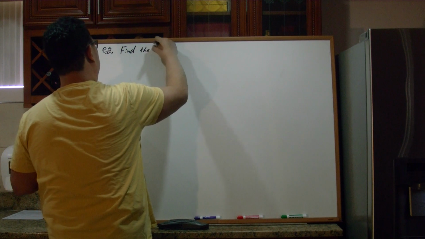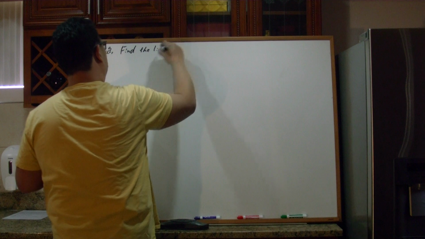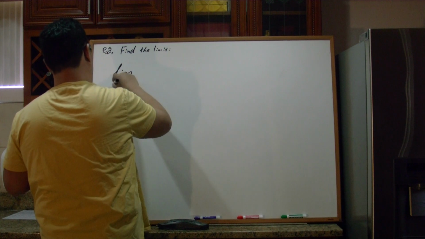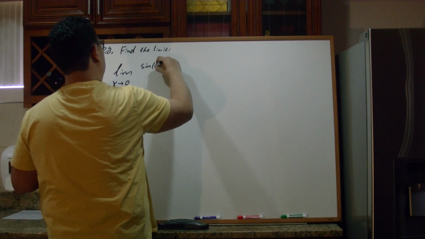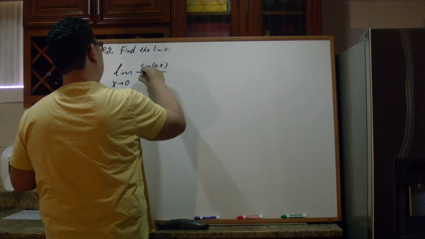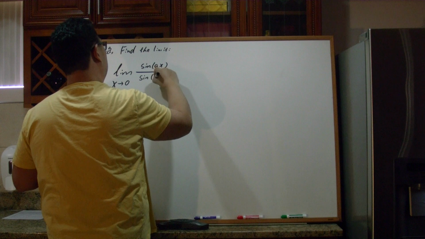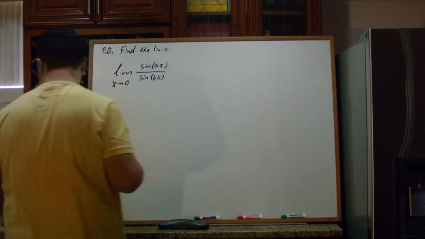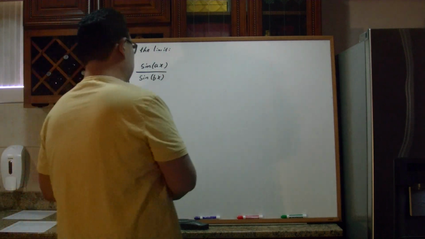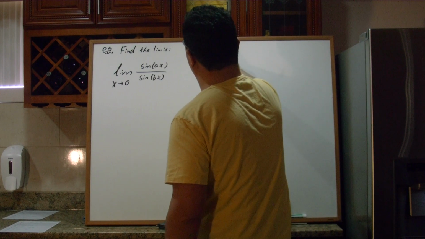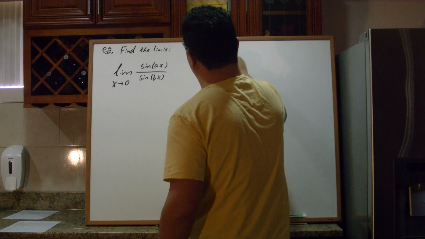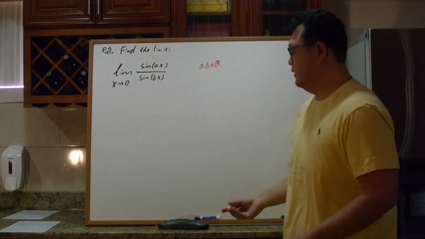Find the limit of sin ax over sin bx, where a and b are real numbers, just scalars of x.